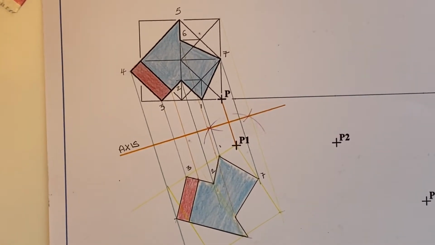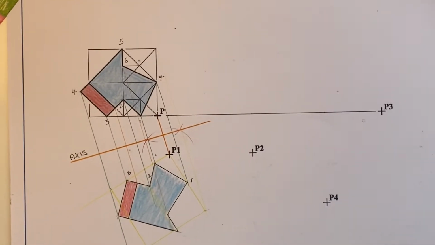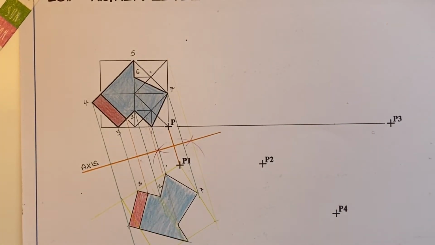Which means, if I can zoom out a bit here, we are joining P1 to P2. We are bisecting yet again, and we're going to take it from there.